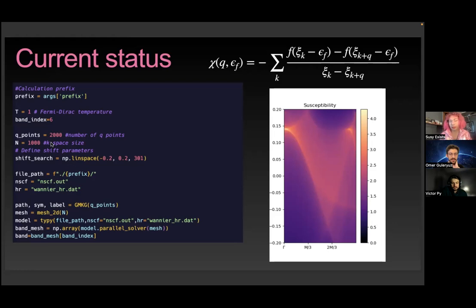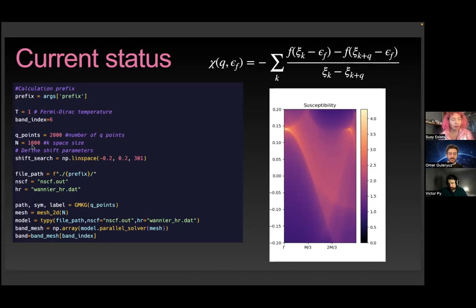These are just arbitrary numbers in this case, but to have a precise mesh and a good result, we need to increase these numbers so we can calculate the quantity at different points and get better results. In this case, I am shifting my Fermi level between minus 0.2 eV and 0.2 eV. The material's energy bandwidth is around 1 electron volt, so this is quite a nice value.